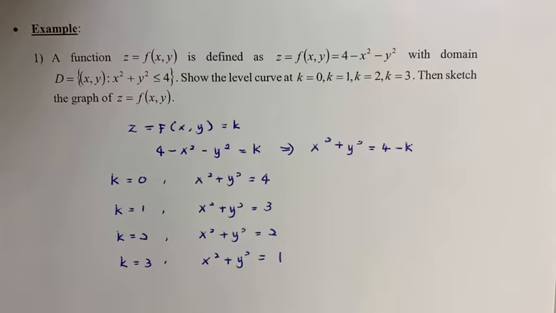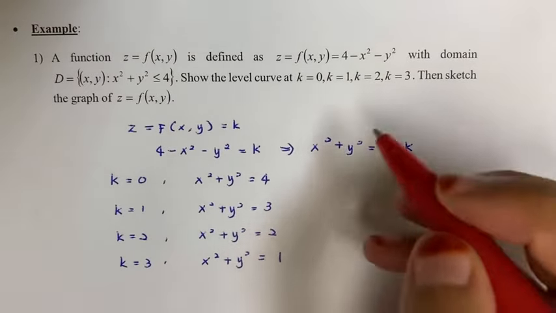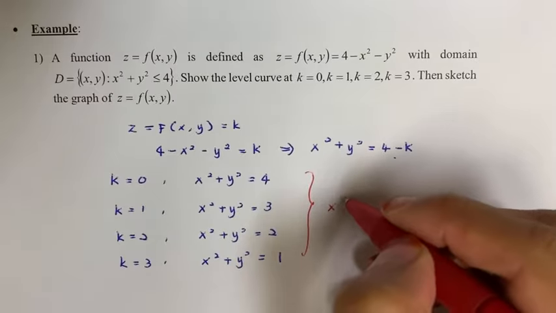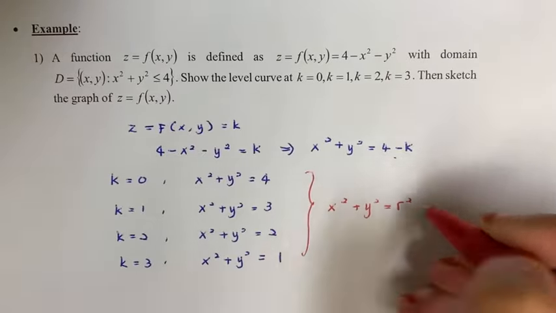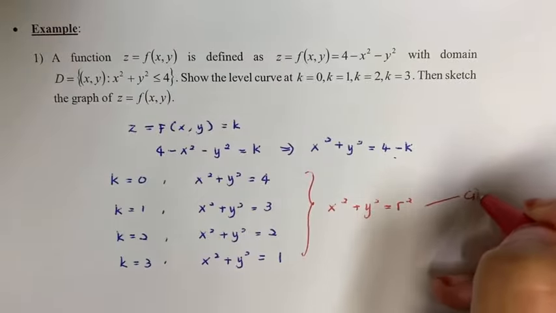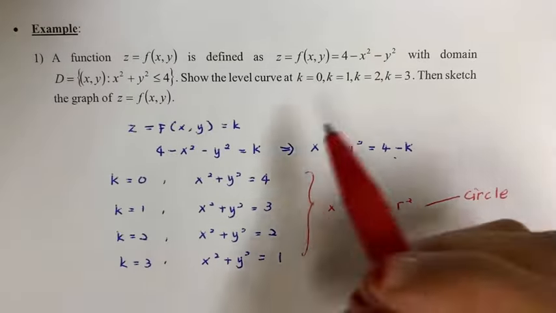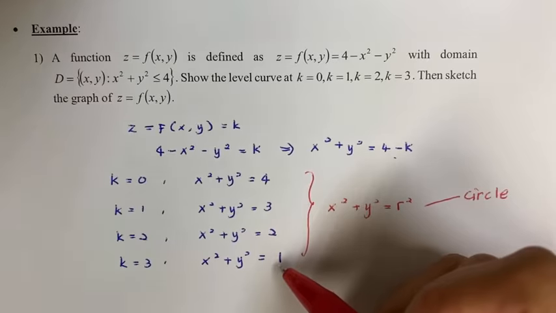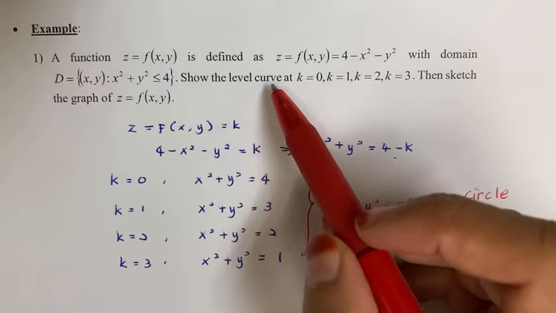So what you can conclude here is that x square plus y square equal to r square is the general formula for a circle with radius r. So for this one you have radius 2, radius square root of 3, radius square root of 2, and radius 1. Let's sketch the level curve.